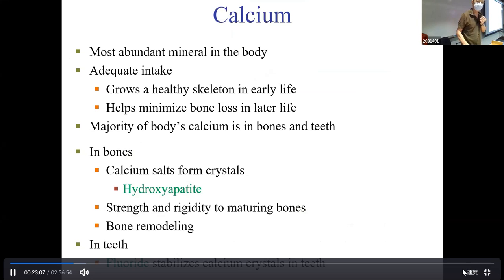So calcium: of course, most of the calcium will be in your bone. The important aspect is that they form crystalline structures, generally referred to as hydroxyapatite, which provide the strength and structure for your bone.